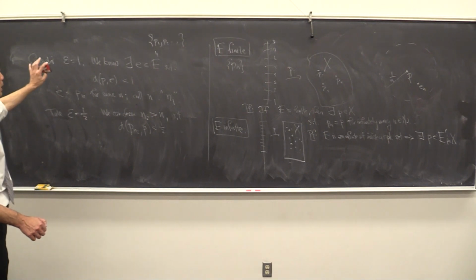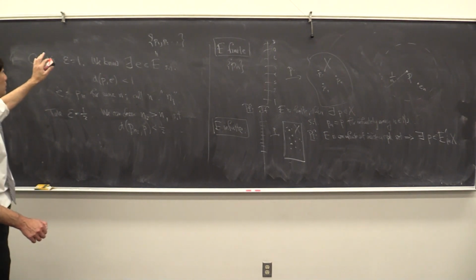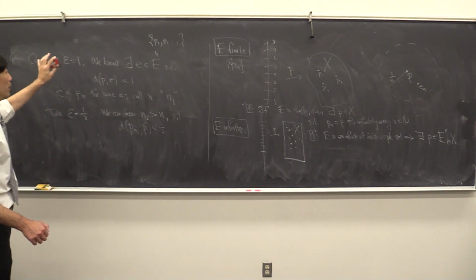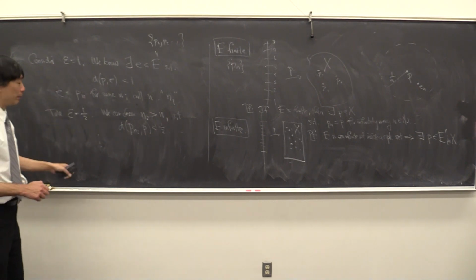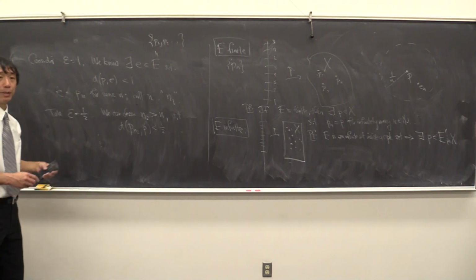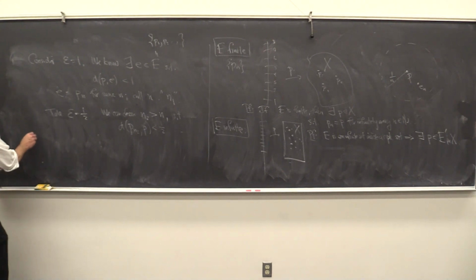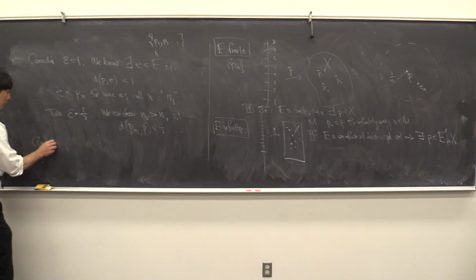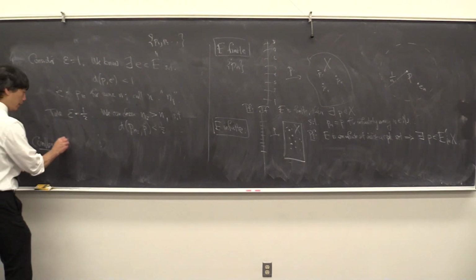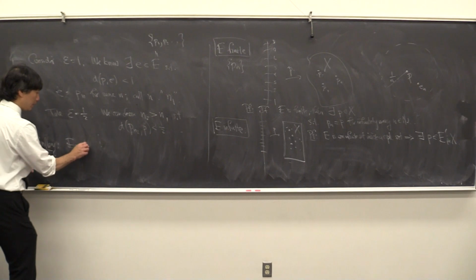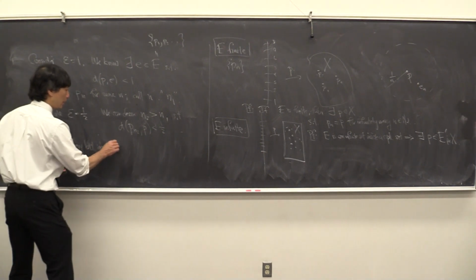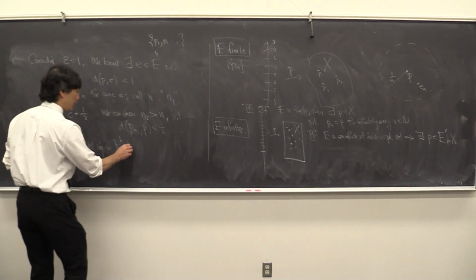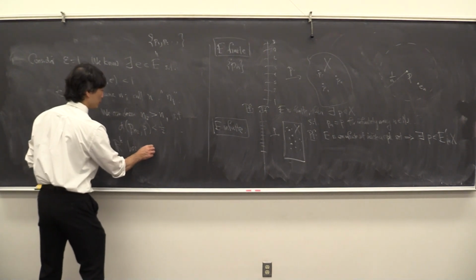So what we've just shown is that if you have a sequence inside of a compact set, then it has a convergent subsequence. As a corollary, every bounded sequence in R^k has a convergent subsequence.